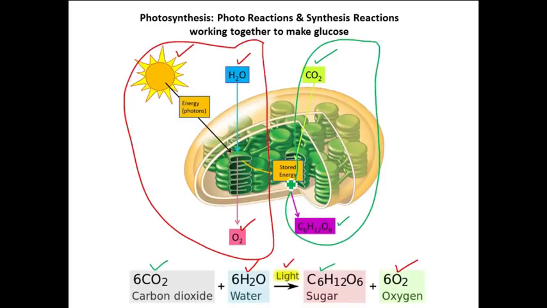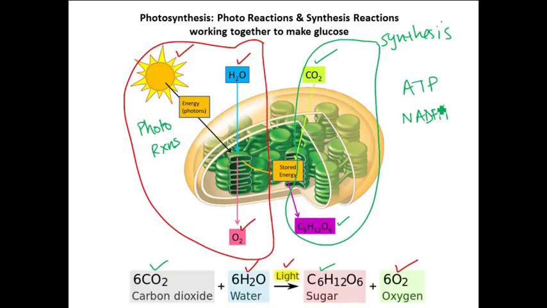If you look at the information in the book, you'll find ATP mentioned and NADPH. These are simply storage molecules for energy that shuttle the energy from the photoreactions over to the synthesis reactions. You don't need to know those, but I just thought I'd let you know.